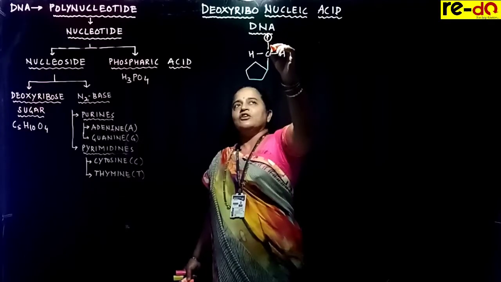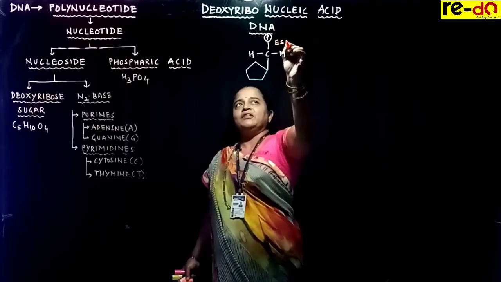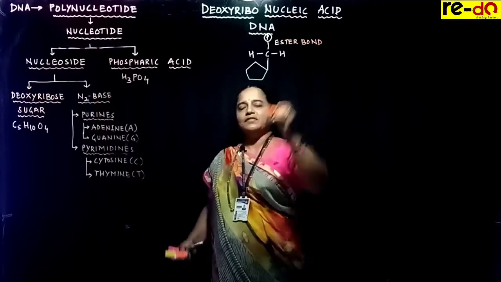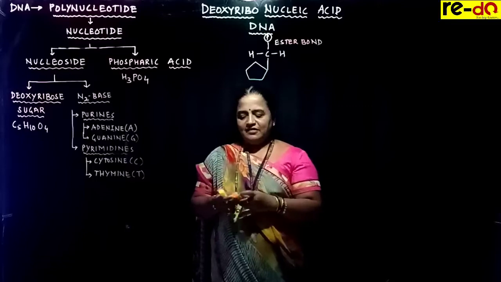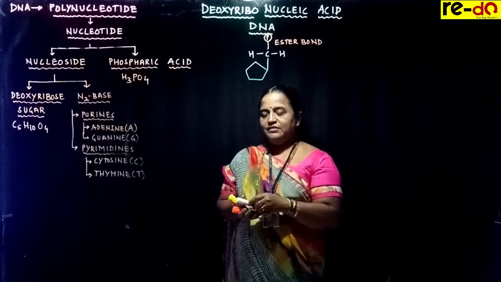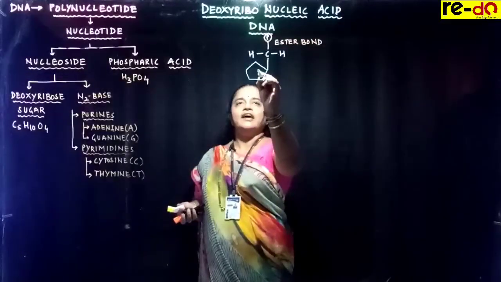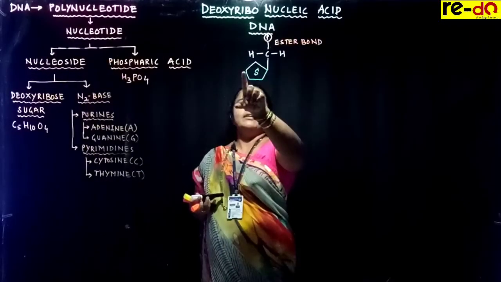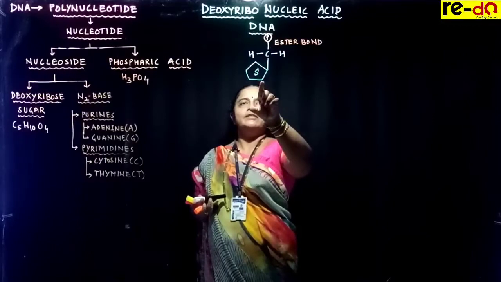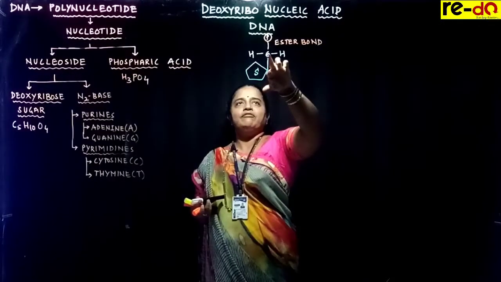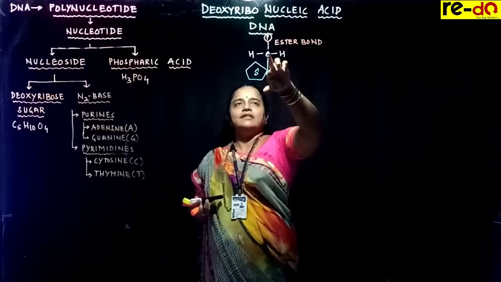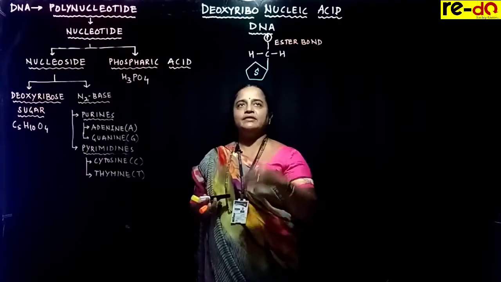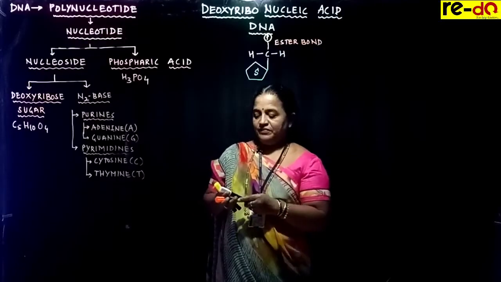This is called an ester bond. This is the sugar, I'll mention it as S. This is carbon 1, carbon 2, carbon 3, carbon 4 and carbon 5. This represents the 5' end of a polymer when it polymerizes.